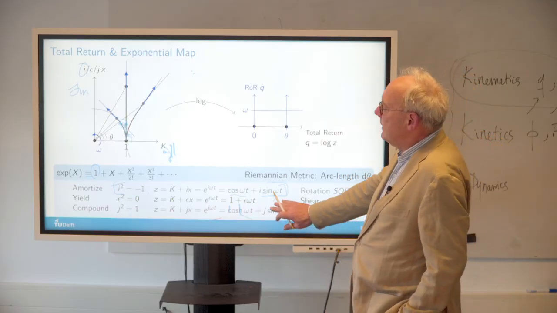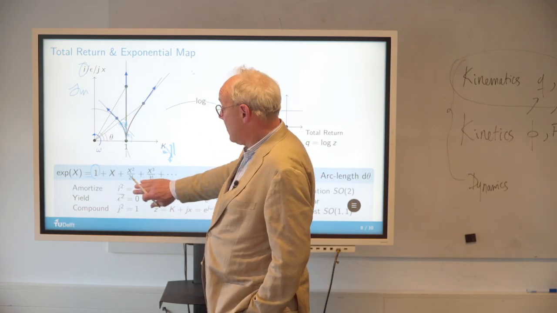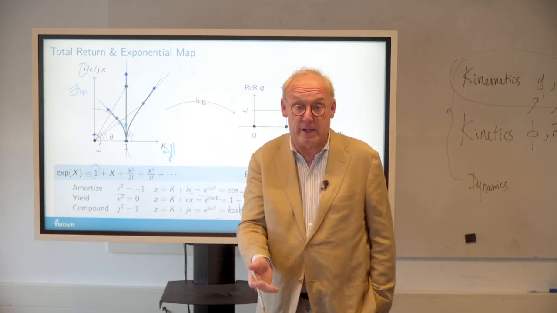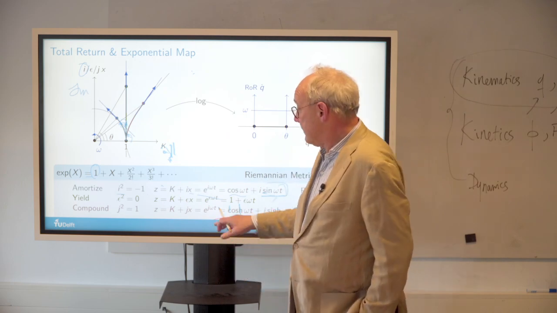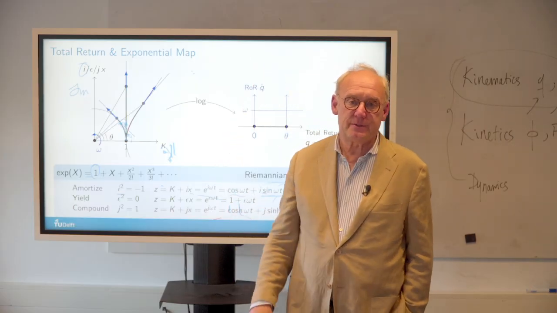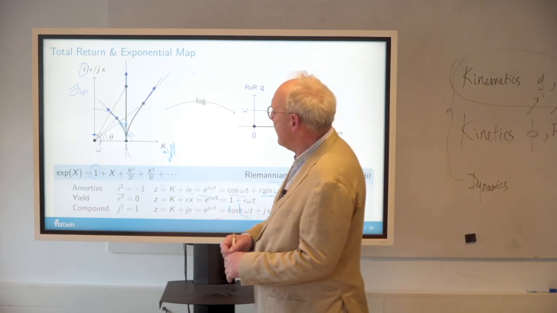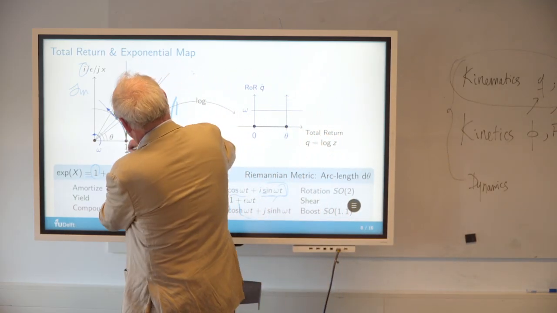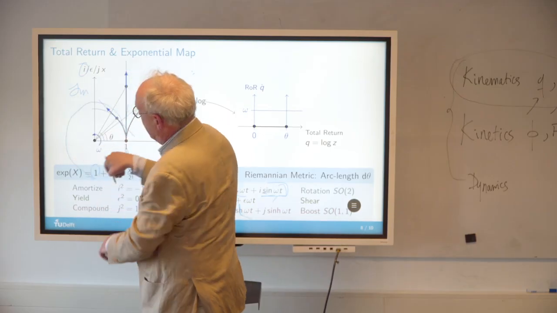So we can think of an amortizing loan, an annuity, also as a compounding thing, exponential growth, but with imaginary exponents, okay? So what we're doing here is taking this tangent line and just wrapping it around the circle, right?